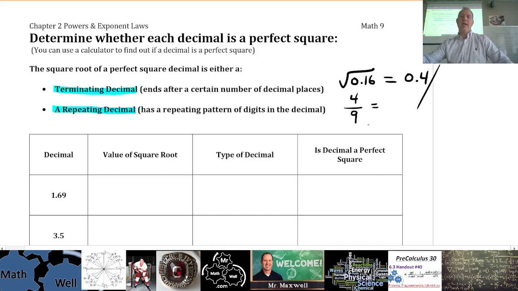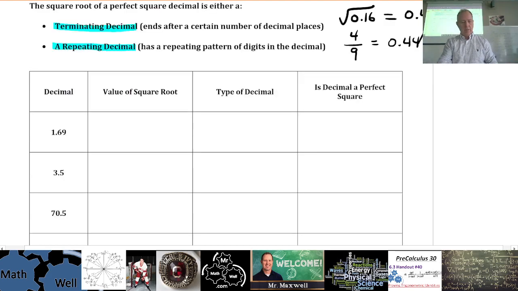We already know that is a perfect square fraction, right? As a decimal, this is 0.4 repeating. 4/9 is 0.4 repeating. 5/9 is 0.5 repeating.